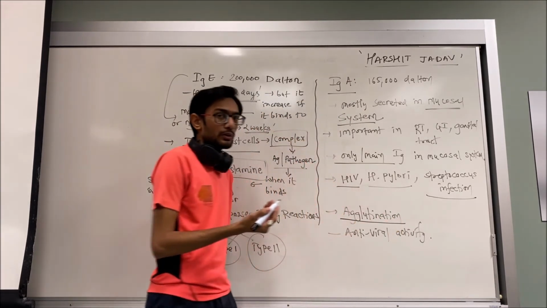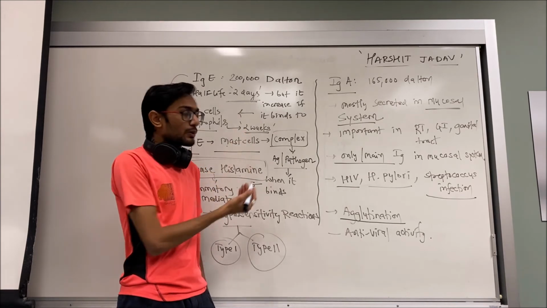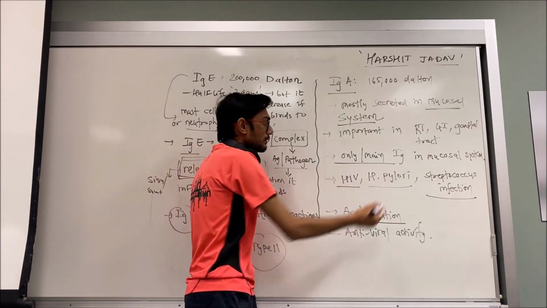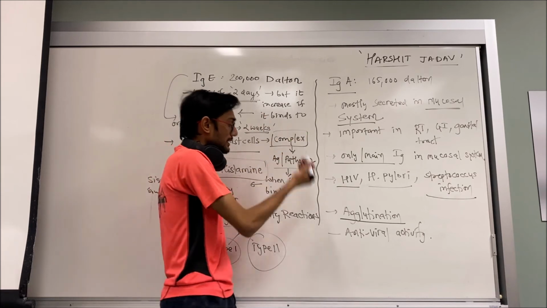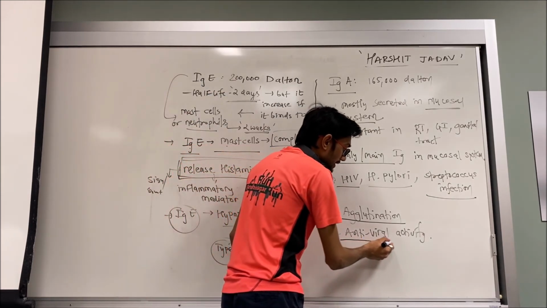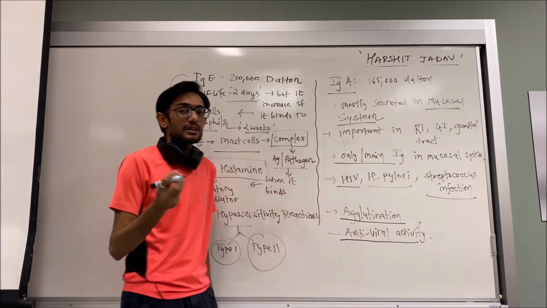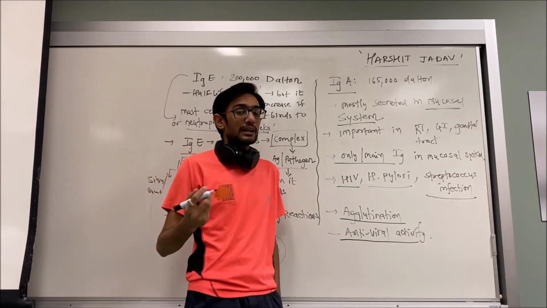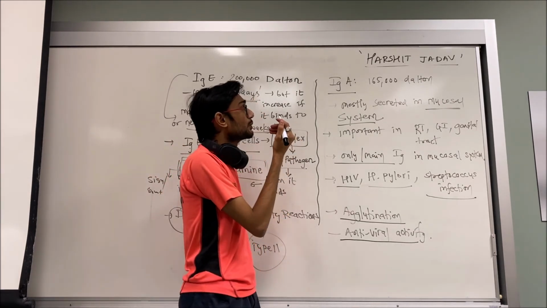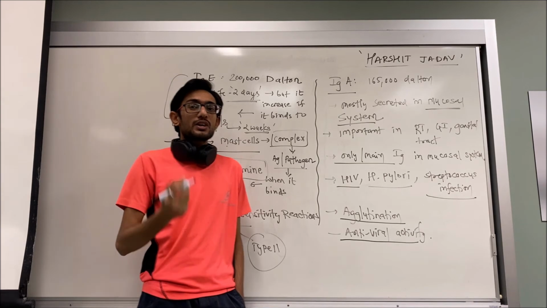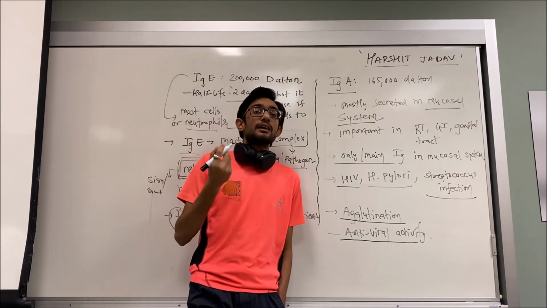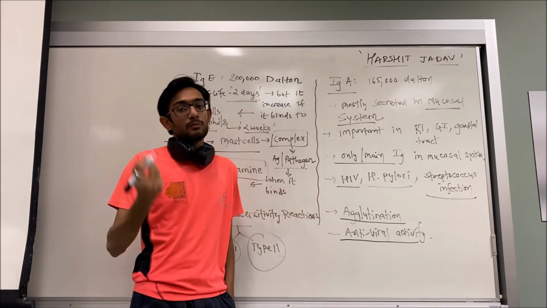We all know what agglutination is. So it helps in agglutination to fight against this kind of virus or bacteria. And it has limited, or normal, antiviral activity. This is the only immunoglobulin which has its own antiviral activity for the defense of the body.